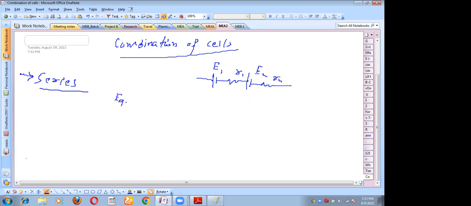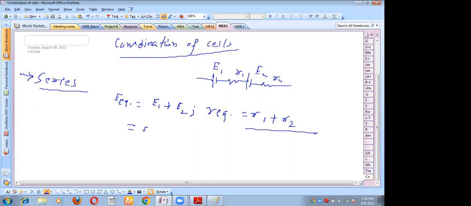The equivalent EMF in series combination is given by the sum, E1 plus E2. And what is the equivalent resistance? R1 plus R2. For n number of cells, it will increase.